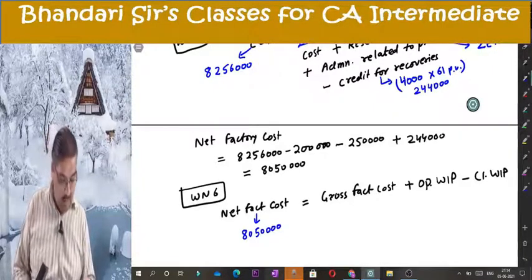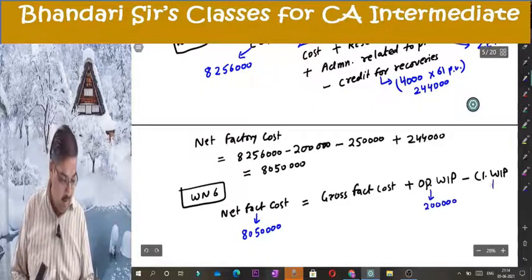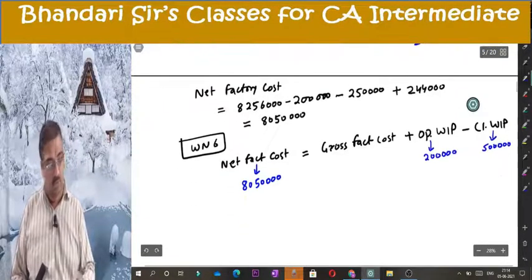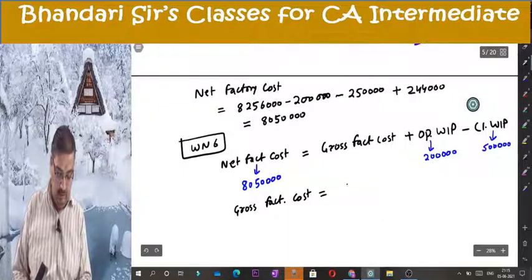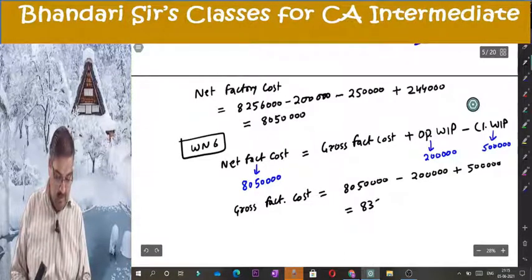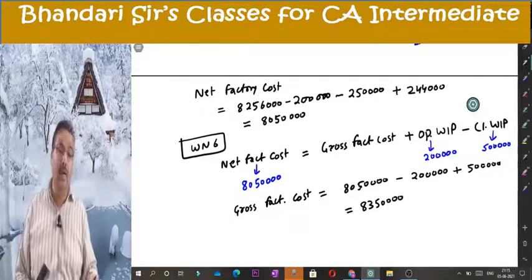I think given at 2 lakh and closing WIP given at 5 lakh. When you make adjustments, you get gross factory cost: 80,50,000 minus 2 lakh plus 5 lakh. It becomes 83,50,000. Keep on checking computations. I hope they are all correct.